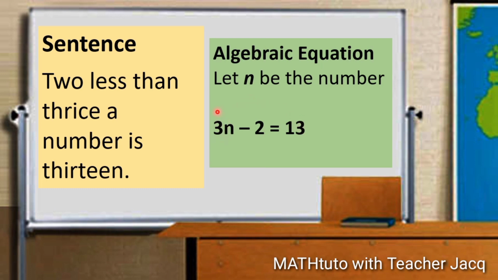Pwede din naman, thrice a number decreased by 2 is equals to 13. So, tignan lang natin yung pinresent ko kanina ng mga keywords at kung saang symbol sila associated, then makakabuo ka na ng sentence mo based sa iyong given algebraic equation.